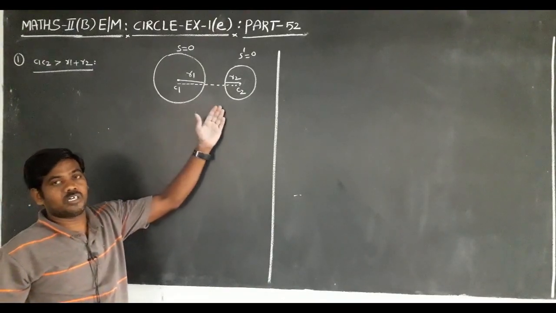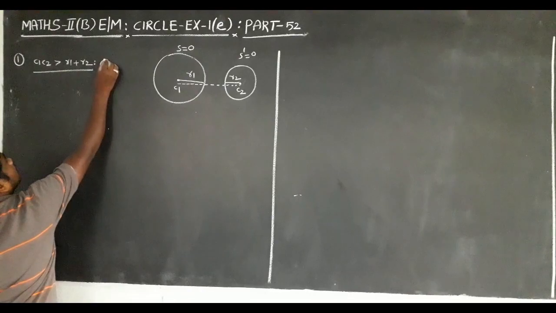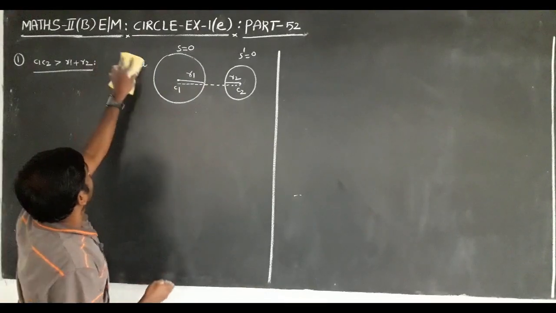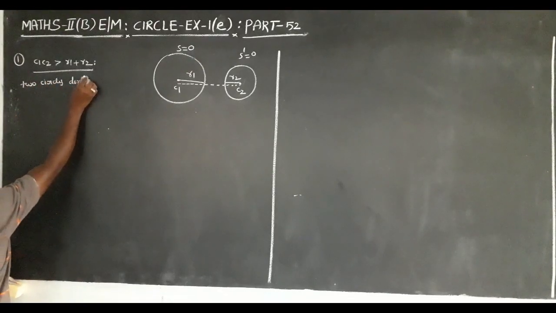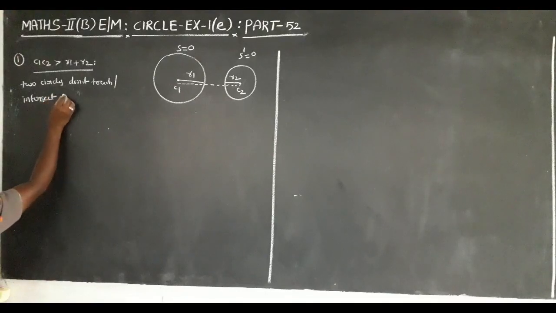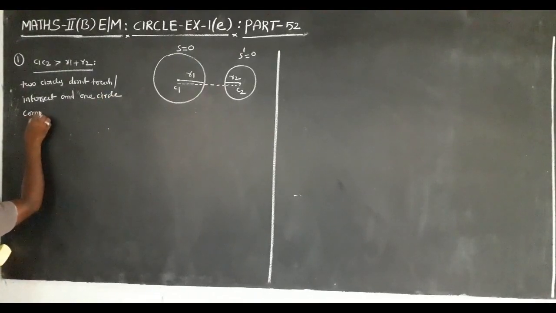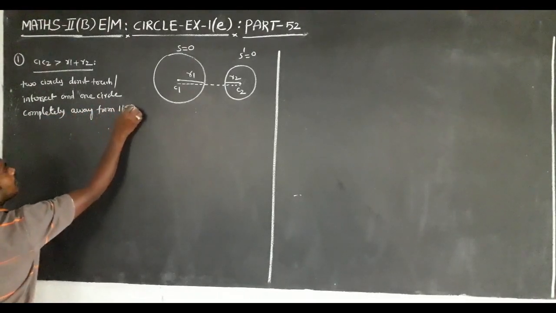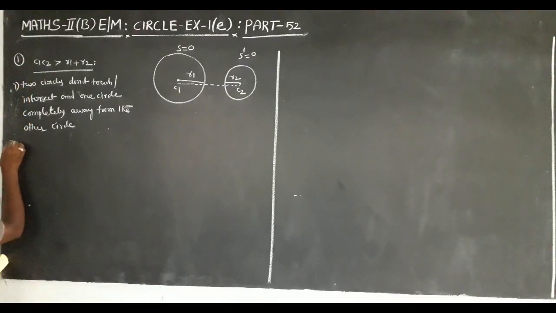Two circles do not touch or intersect. One circle is completely away from the other circle.